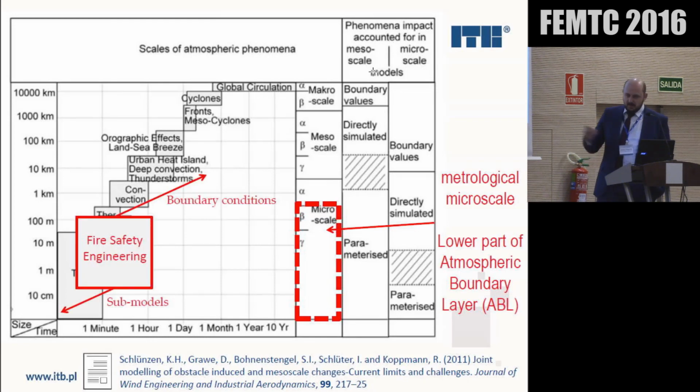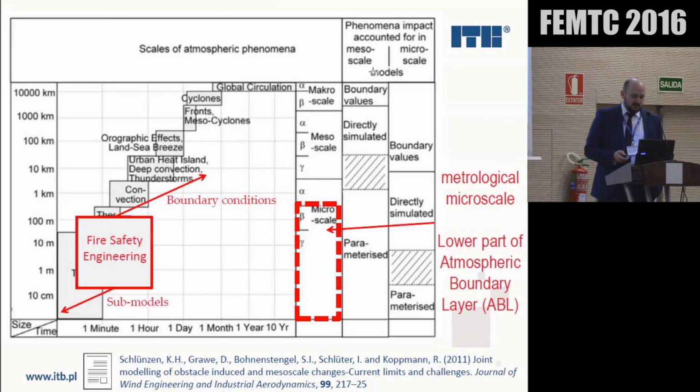And on the scale, we would be pretty much in this area, and things that are smaller than our field, we tend to implement as submodels, which are just resolved along our simulations, and bigger things are usually implemented just as boundary conditions that affect our simulation.